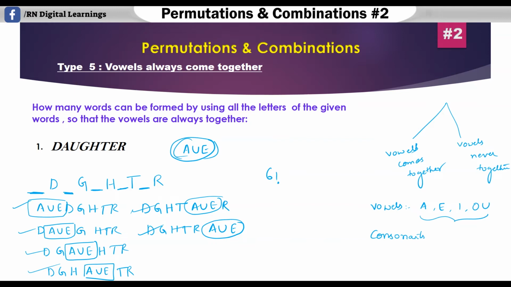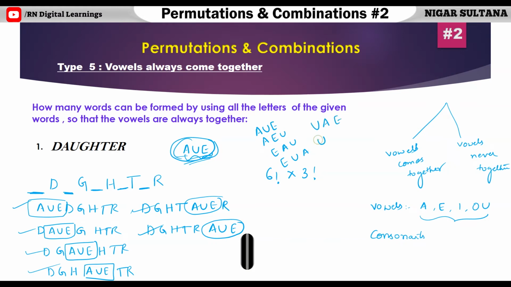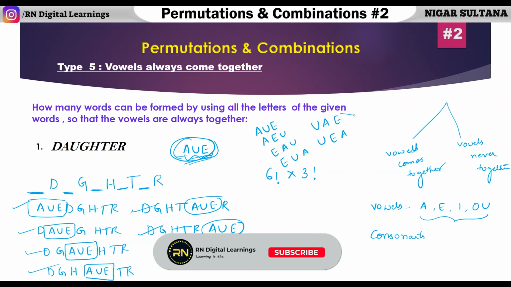Now I can arrange this A, U, E. See, this can be written in how many ways? That is 3 factorial. Right? Why this 3 factorial? How many letters are there? A, U, E. So this can be written as A, U, E, or A, E, U, or E, A, U, or E, U, A, or U, A, E, or U, E, A. So how many ways do we have?